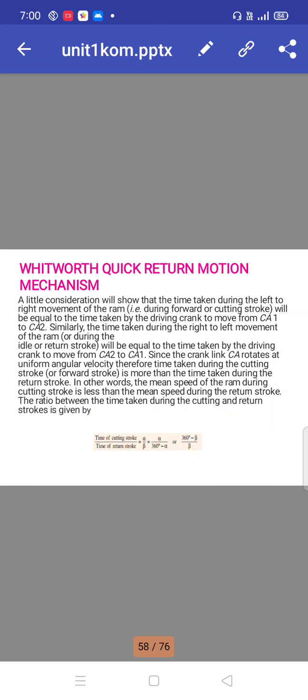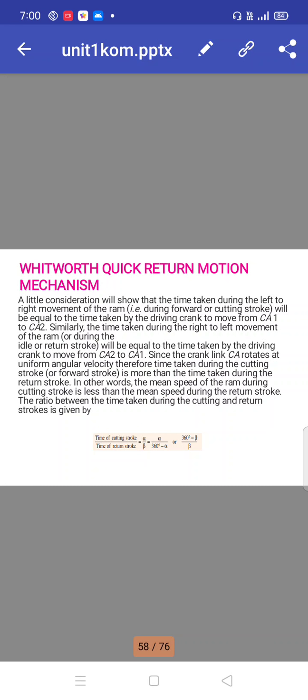A little consideration will show that the time taken during the left to right movement of the ram will be equal to the time taken by the driving crank to move from CA1 to CA2. Similarly, the time taken during the right to left movement of the ram, or during the idle or return stroke, will be equal to the time taken by the driving crank to move from CA2 to CA1.